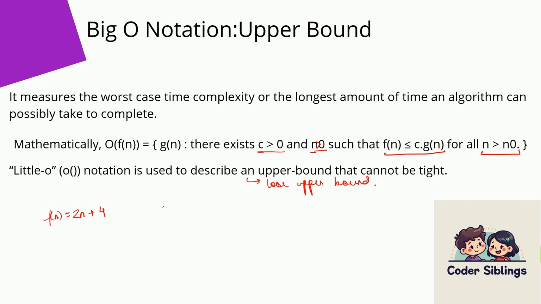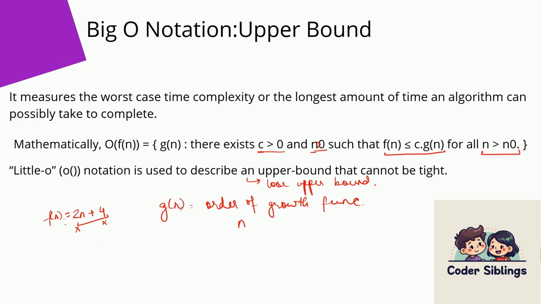Now, g of n here is the order of growth function, right? So, following the direct method of finding the order of growth, we ignore the constant term and the leading coefficient. So, the order of growth here is n.